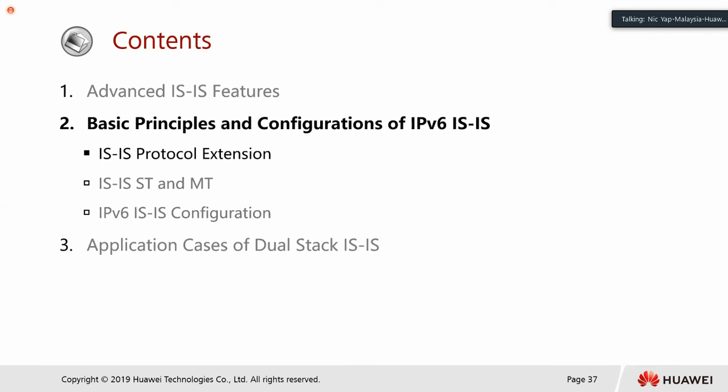So it's a totally new protocol just to support IPv6. But for ISIS, it's just IPv6 ISIS. It means they're still using the same ISIS, and what they add in is just the extension.